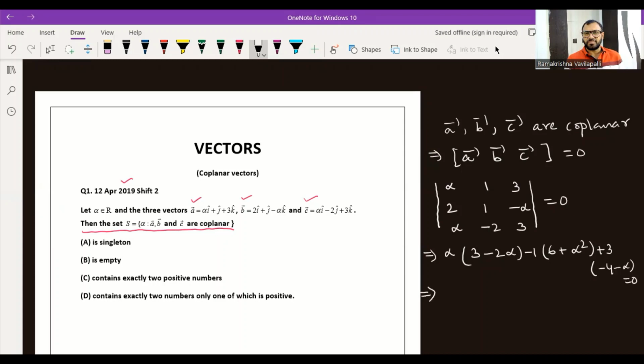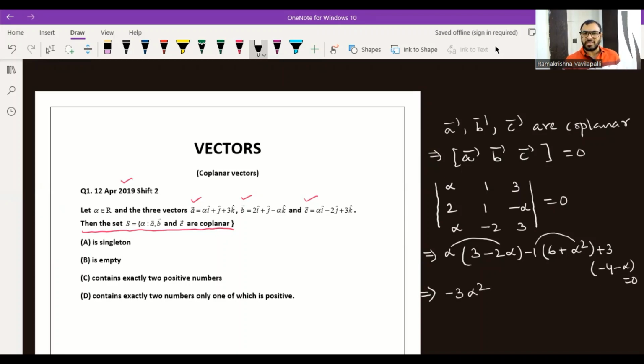We get this is minus 2 alpha square, you see, and this is minus 6 alpha square. So totally minus 8 alpha square. Sorry, this is minus alpha square. Minus 2 alpha square means you will get minus 3 alpha square.